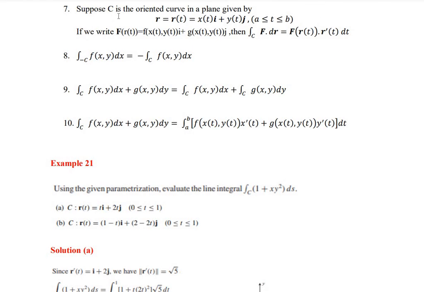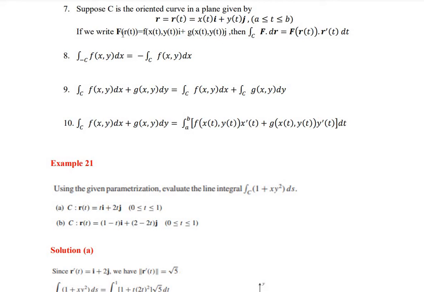Next one, suppose C is an oriented curve in a plane given by vector r of t is equal to x of t i cap plus y of t j cap, where t varies from a to b.